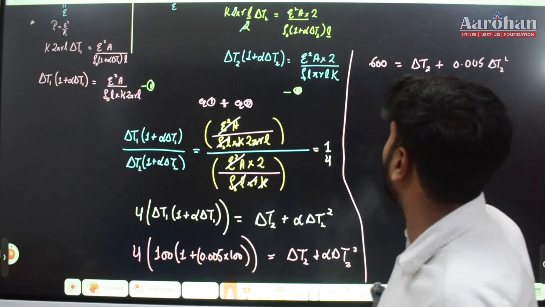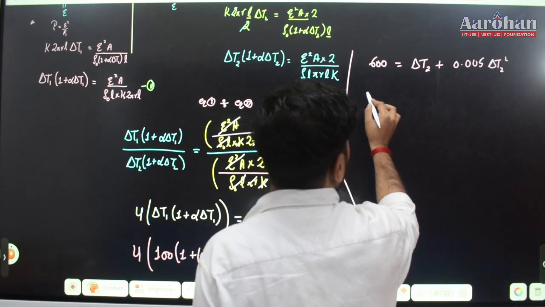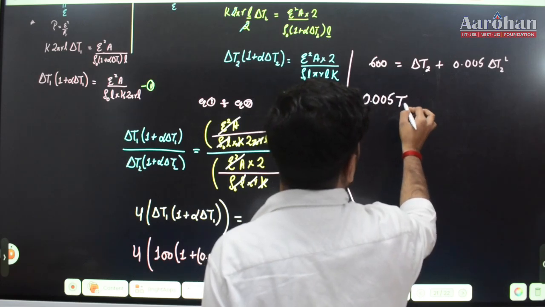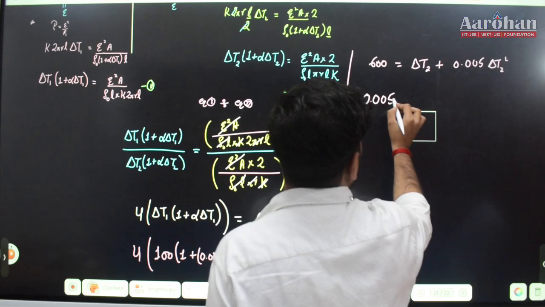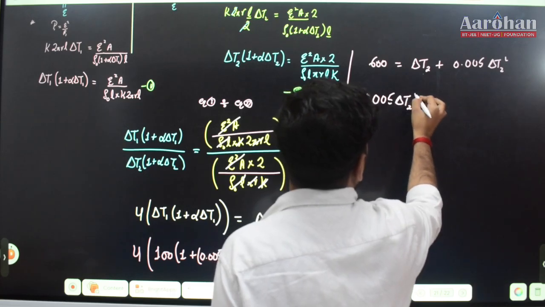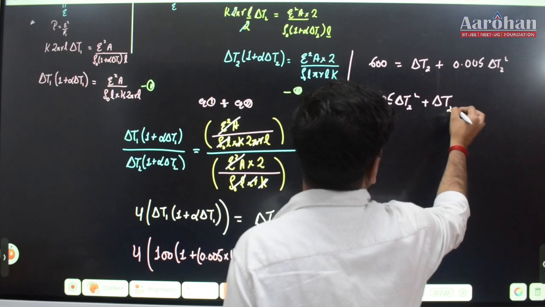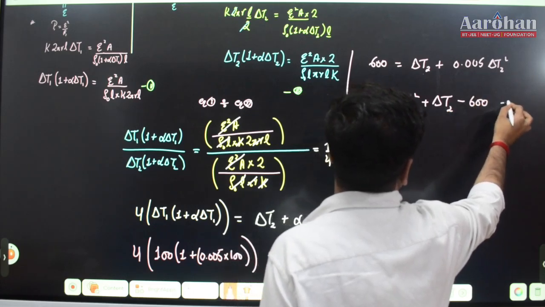Now it is just a quadratic equation, you can bring it here, so 0.005 times delta T2 square plus delta T2 minus 600 equals 0.